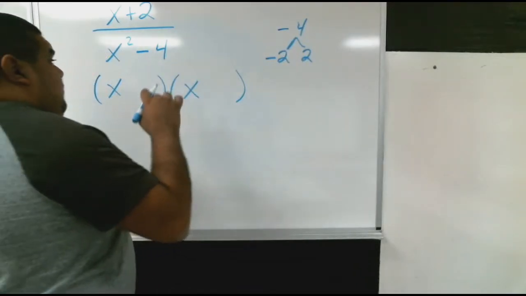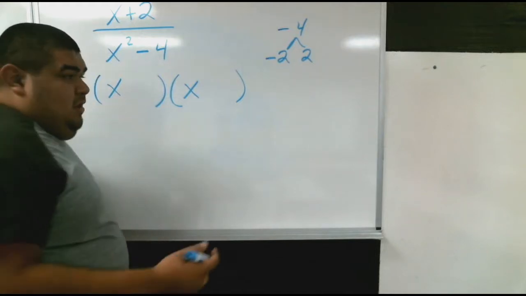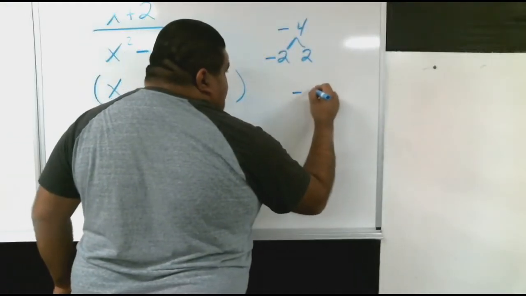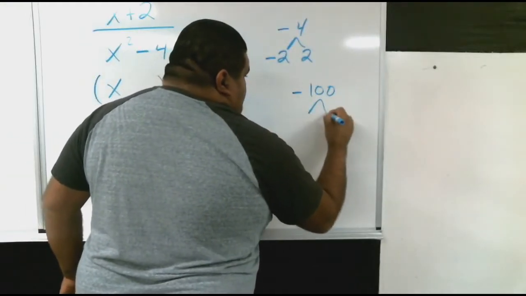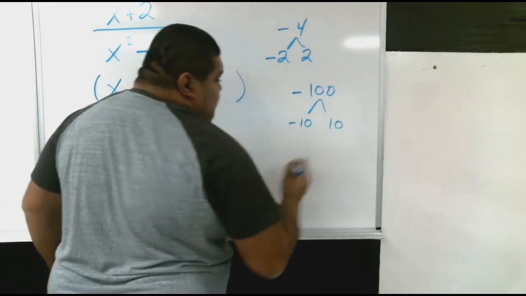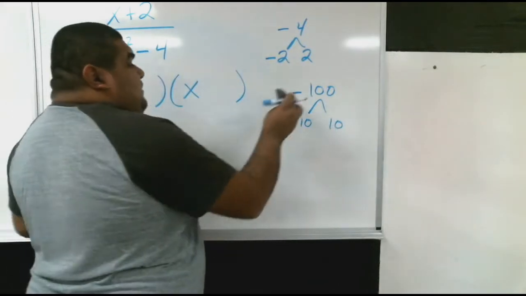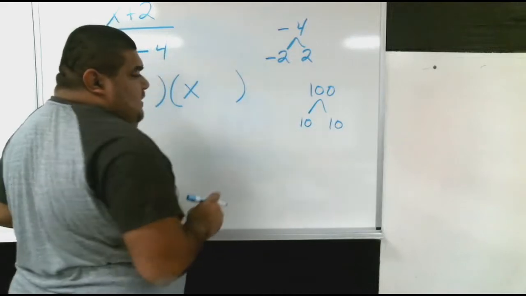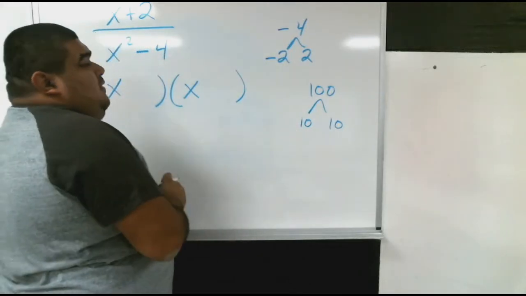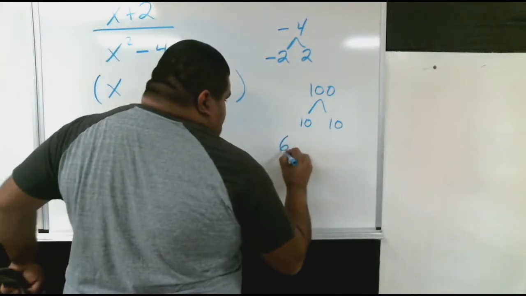Okay? It doesn't really matter what the numbers are. It can be negative 100. You can also have negative 10 and 10. If it had been positive 100, it would have been positive 10 and positive 10. Okay? Doesn't matter.